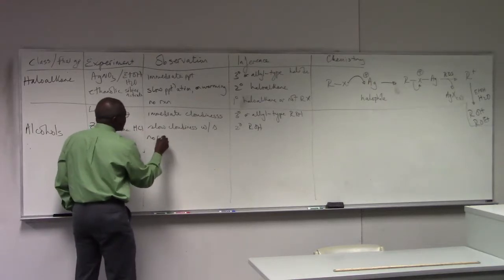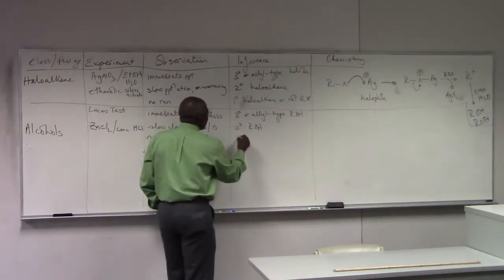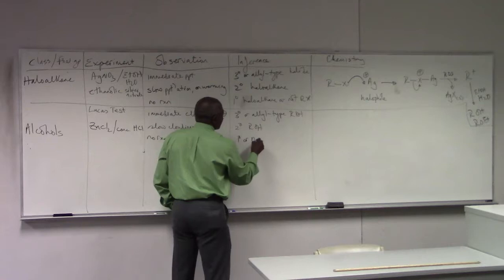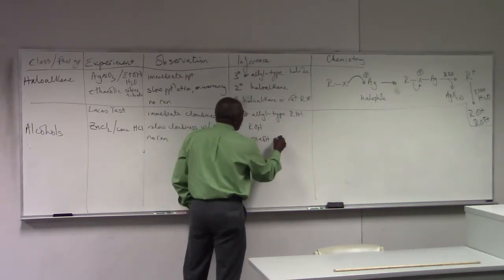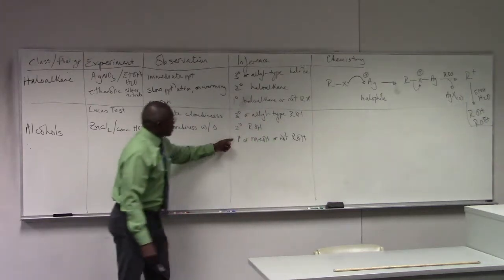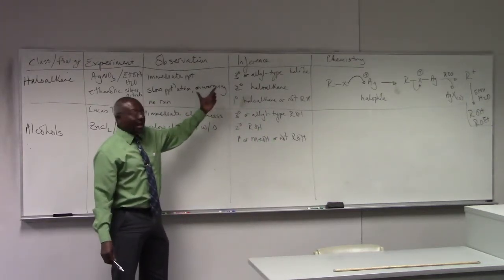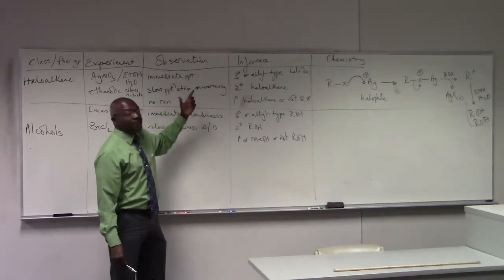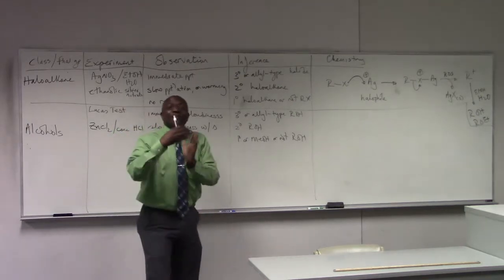No reaction: either it's a primary alcohol or methanol, or not an alcohol. That should look suspiciously like what we did before for the haloalkane. That suggests that the chemistry is similar.